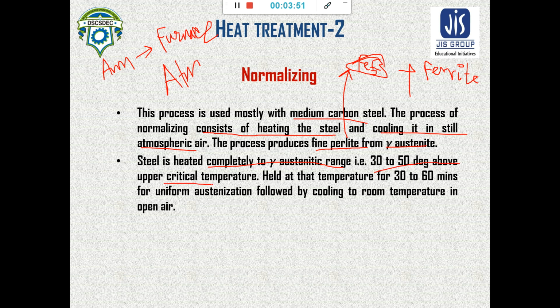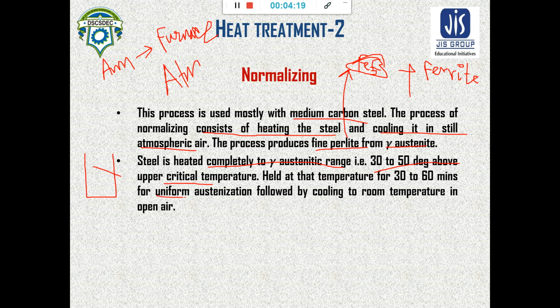What is the upper critical temperature? In the iron carbon diagram, this upper line is known as the upper critical temperature line. The steel is heated 30 to 50 degrees above the upper critical temperature, and held at that temperature for 30 to 60 minutes for uniform austenization.